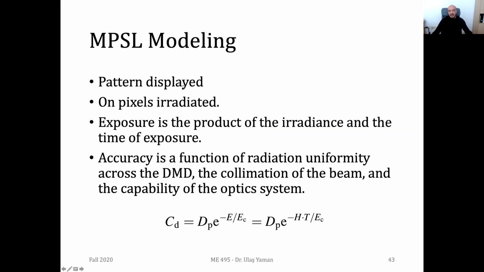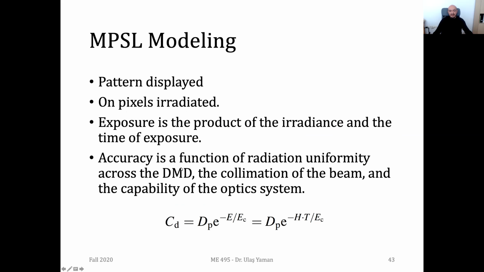So in summary, we have patterns, and these patterns are reflected on the table. If you are using a projector, the pixels will be irradiated, and we will start the polymerization process with the help of this irradiation.